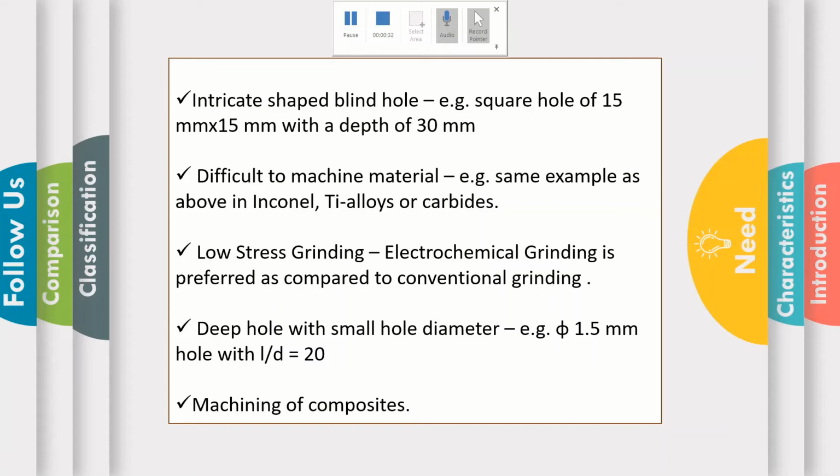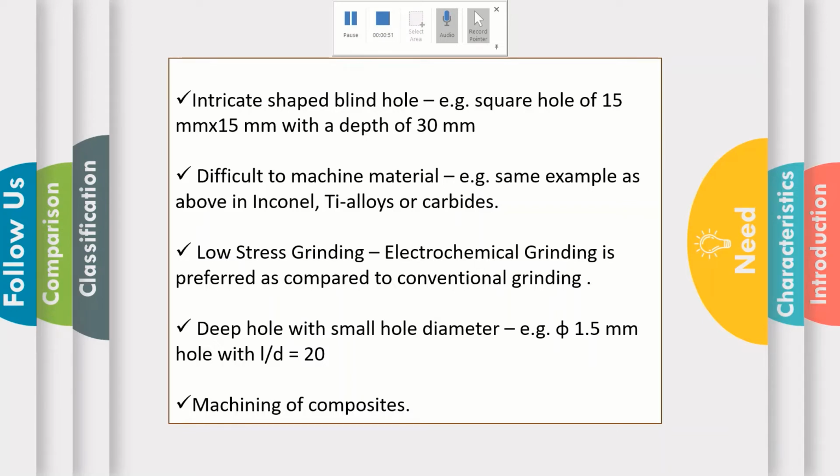First example: if you want to drill an intricate shaped blind hole, then we can use NTM processes. For example, a square hole of 15 mm by 15 mm with a depth of 30 mm.